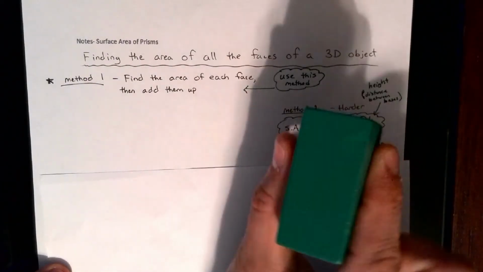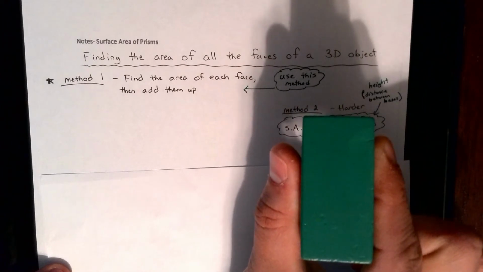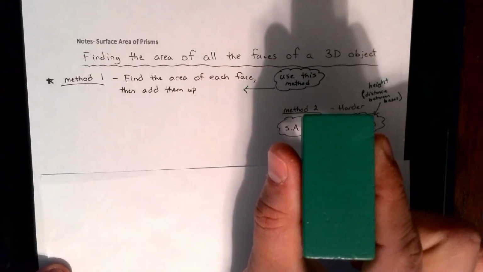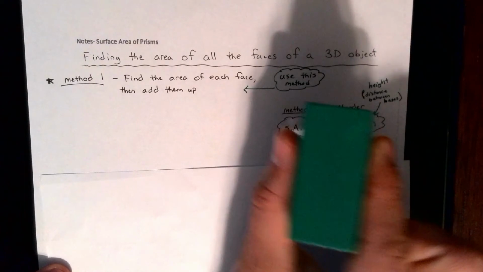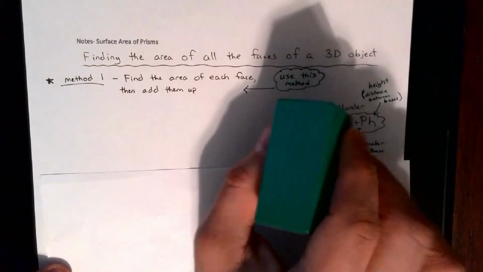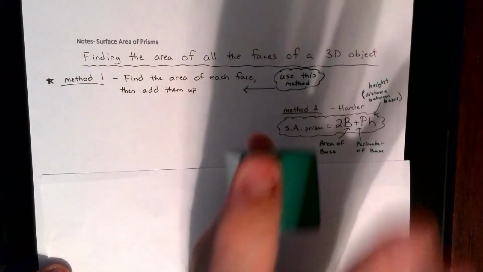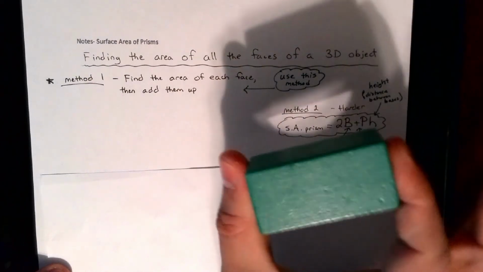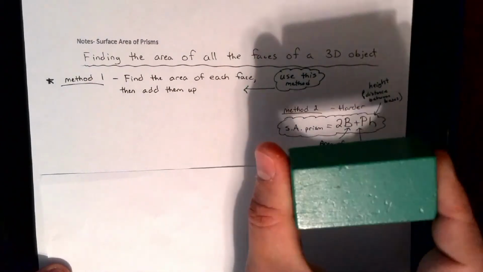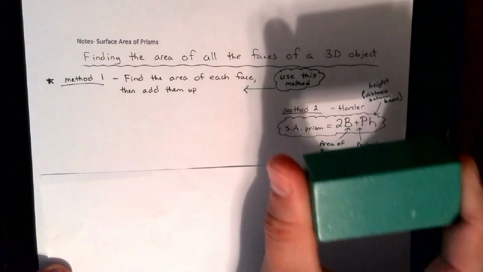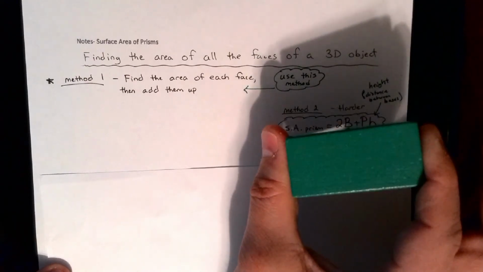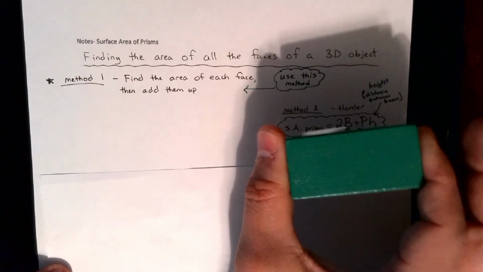The distance between my thumb and finger would be the height of this prism if I considered those sides the bases. If instead I say the squares are the bases, then that longer distance would be the height of the prism, the distance between the bases.